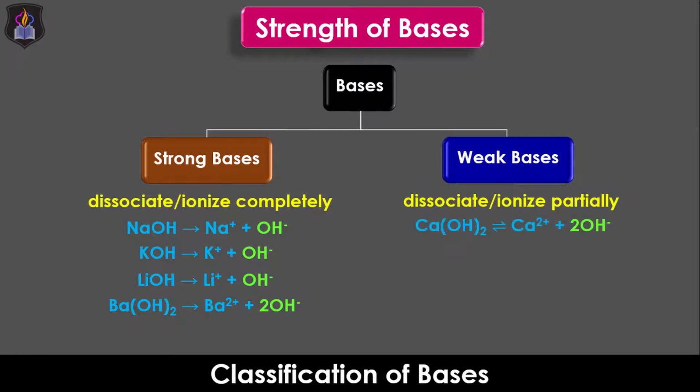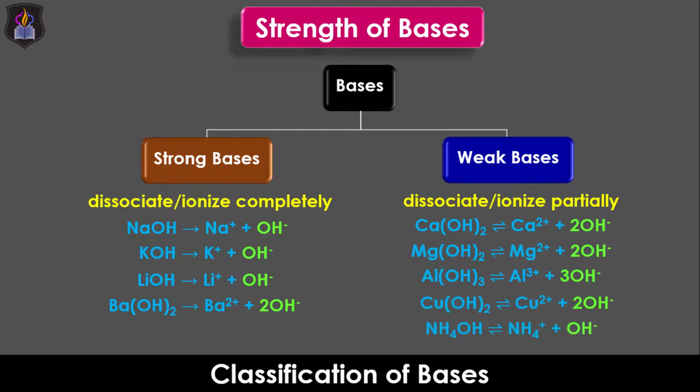Meanwhile, calcium hydroxide, magnesium hydroxide, aluminum hydroxide, copper(II) hydroxide, and ammonium hydroxide, also called aqueous ammonia, are examples of weak bases. Calcium hydroxide and ammonium hydroxide are also weak alkalis. Refer to our last tutorial on definition and properties of acids to learn how to identify complete and partial dissociation.